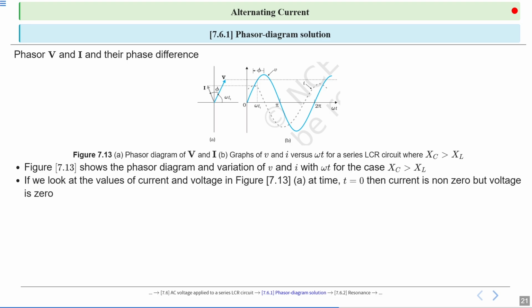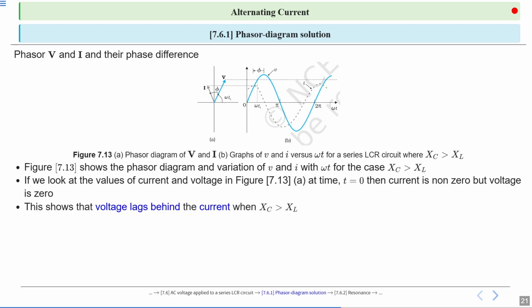If we look at the values of current and voltage in figure 7.13a, at time t equal to 0, the current is non-zero but the voltage is 0. The current has some value, not maximum and not minimum, because the phase angle is not pi by 2 or minus pi by 2.